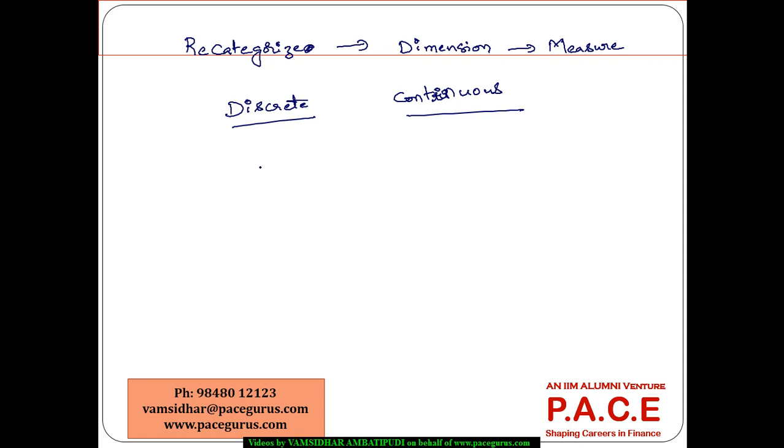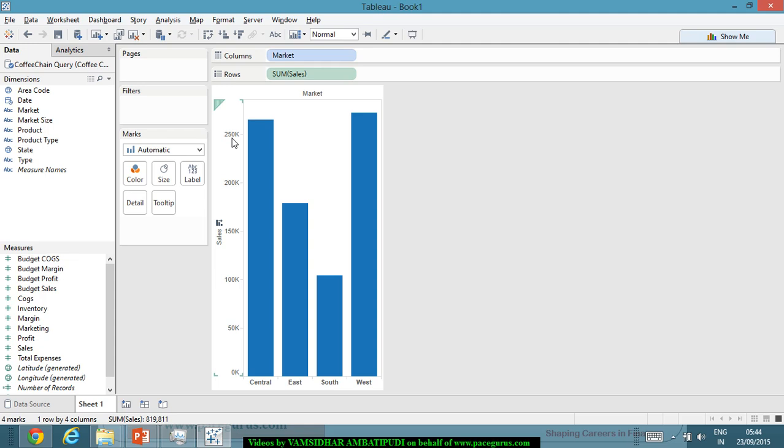One, the color of the icon. Now if you look at here, the dimensions or the discrete stuff are highlighted with a blue color. If you see this here, these are all dimensions, and in general they are discrete.